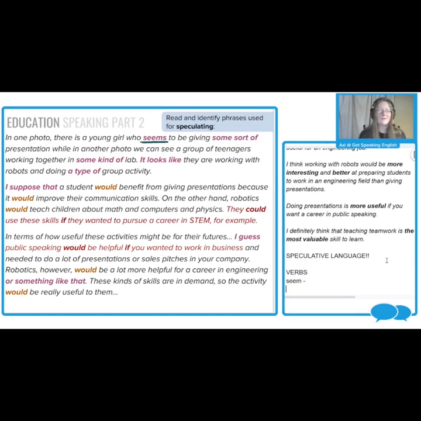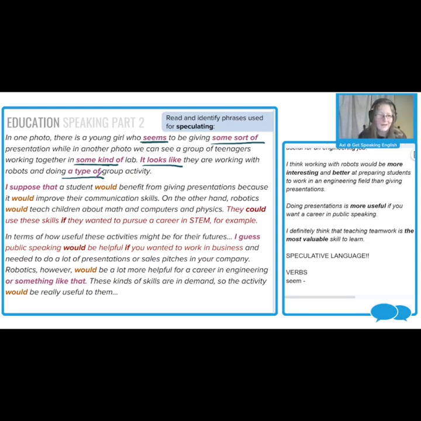A girl who seems to be giving some sort of presentation. While in another photo, we can see a group of teenagers working together in some kind of lab. So it looks like they are all working with robots and doing a type of group activity.